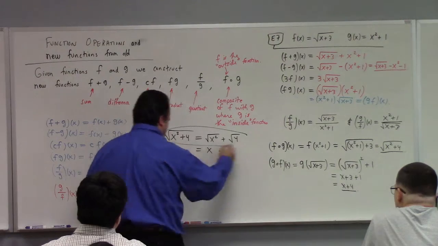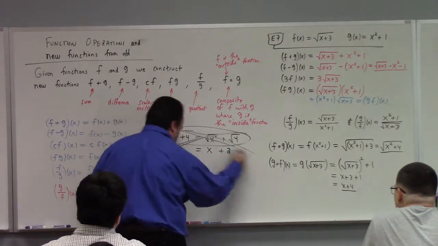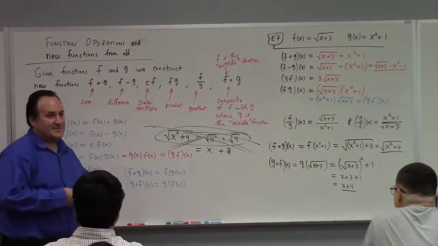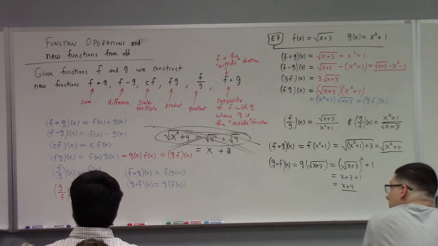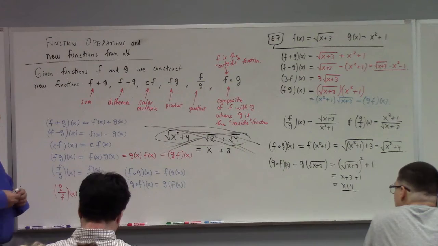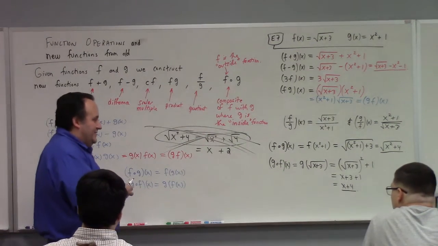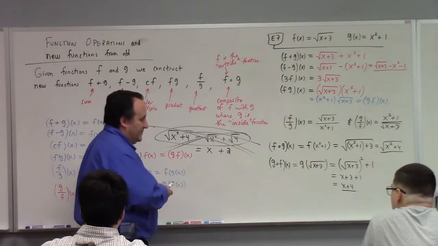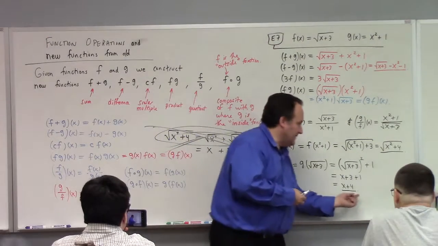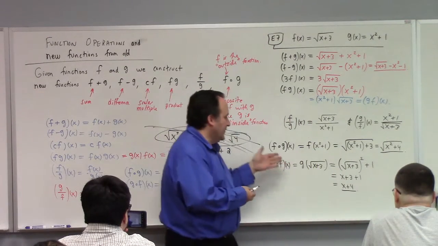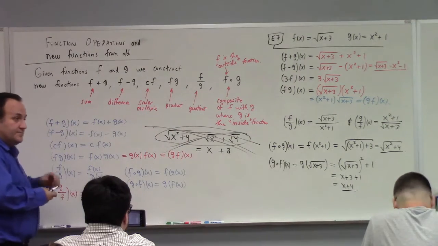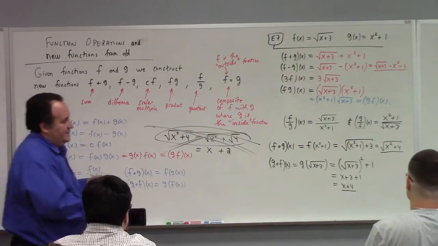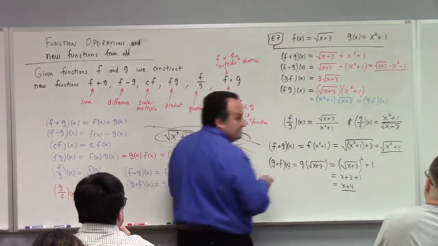But this is not allowed, it's not true. That's not a property of square root. The square root of a sum is not the sum of the square roots. You can't do that. If we could, things would be ever so much simpler. But no, so these are not equal, right? f composed with g is not equal to g composed with f, is my point. All right? In contrast, multiplication commutes.